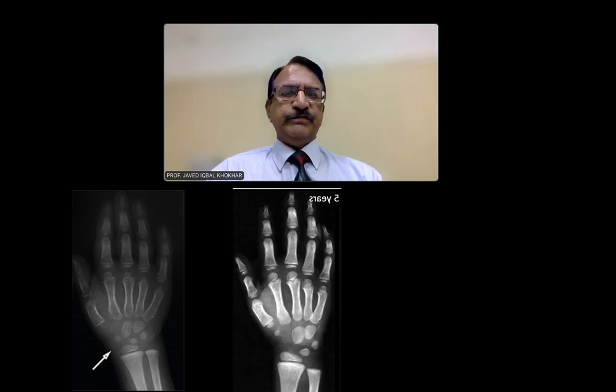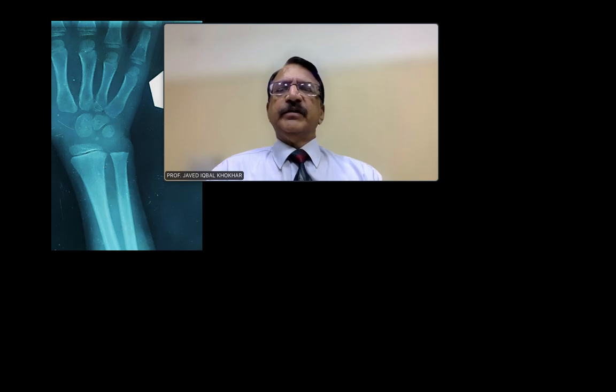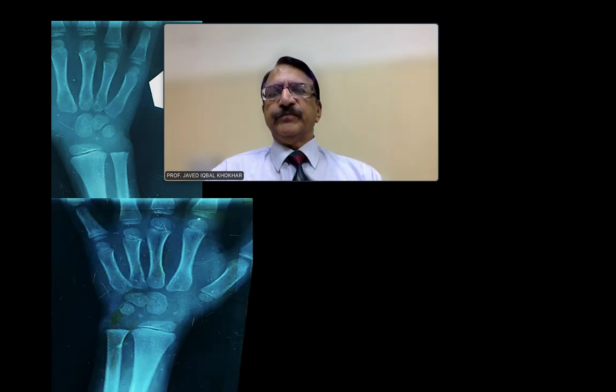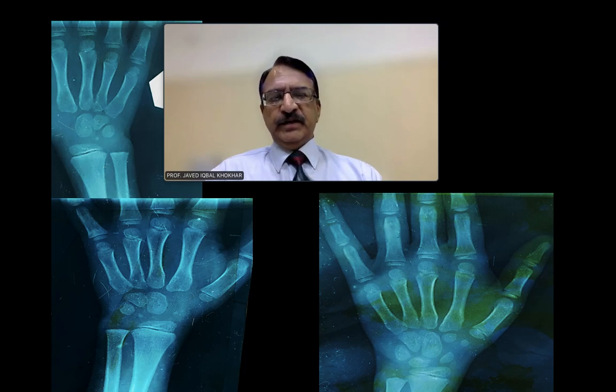This also shows 5, and the rightmost X-ray is showing 6, and this X-ray is showing 4. This is showing 5, and this is showing 1, 2, 3, 4, 5, 6, 7. So it is equal to the number of years. 7 means 7 years.